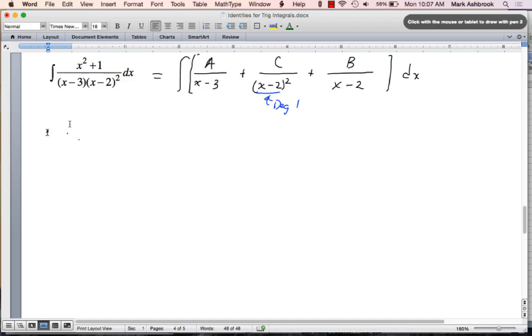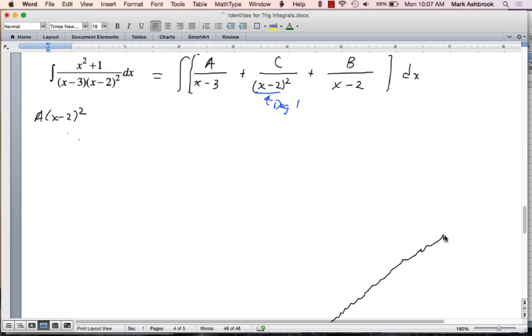Okay, here we go. And then I've got c over x minus 2 squared. What do I need to multiply top and bottom by to achieve this common denominator? Just an x minus 3.